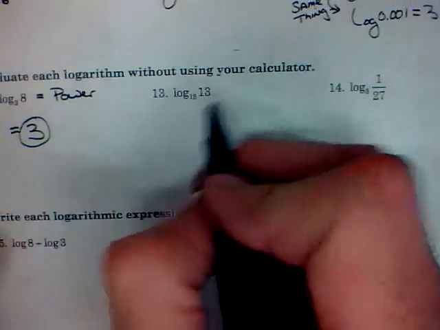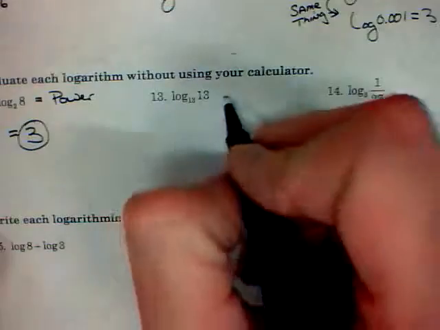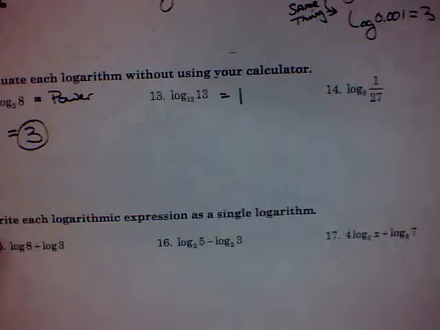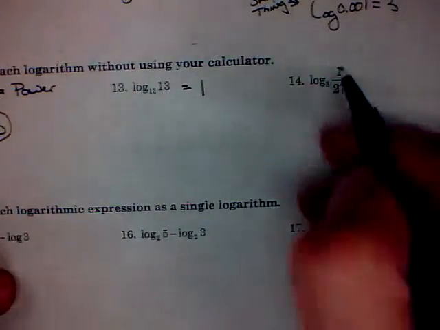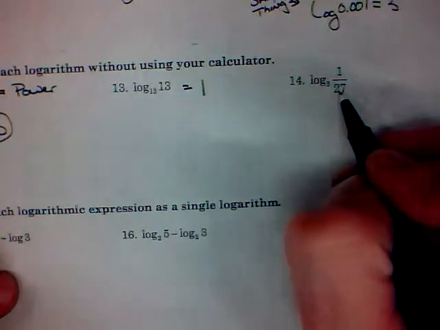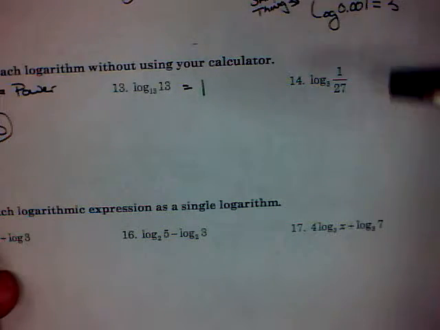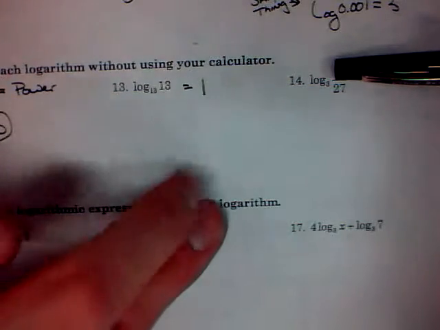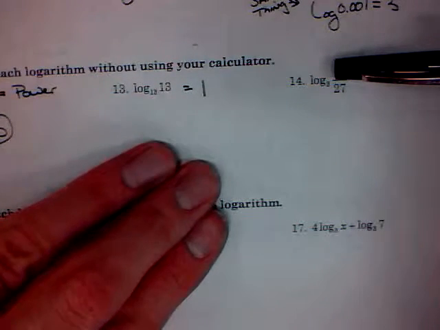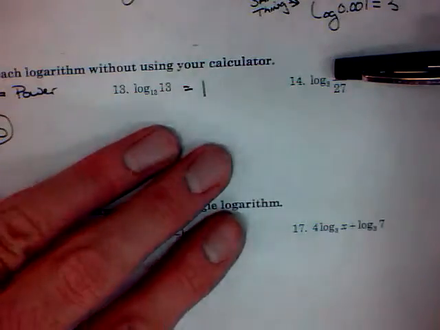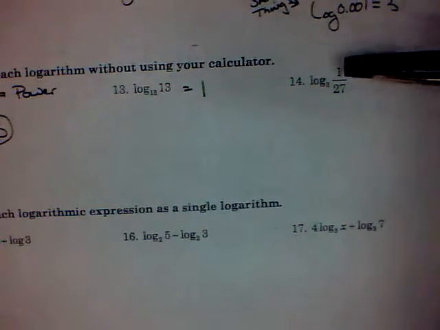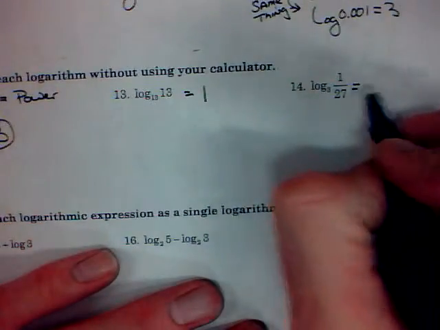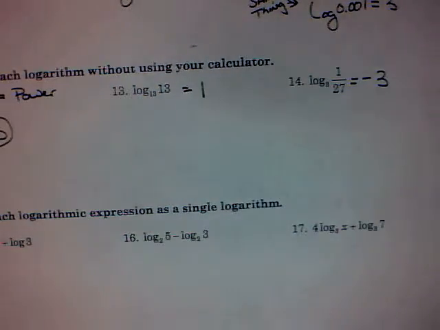This one, 13 to what power gets you 13? That would equal 1. 3 to what power gets you 1/27th? Well, if we ignore the 1 there, 3 to what power gets you 27? That's 3 times 3 is 9 times 3 is 27. So 3 to the 3rd gets you 27, but to make it 1/27, that's going to be -3. Okay.